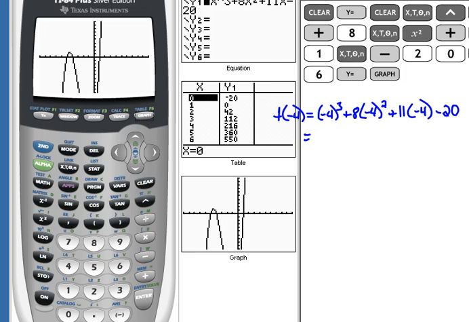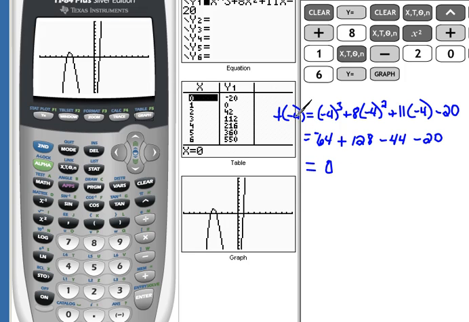So let's see, negative 4 cubed would be negative 64. And negative 4 squared is 16 times 8, which would be a positive 128. And then minus 44, and then minus 20. So when I finish this out, that turns out to be 0.